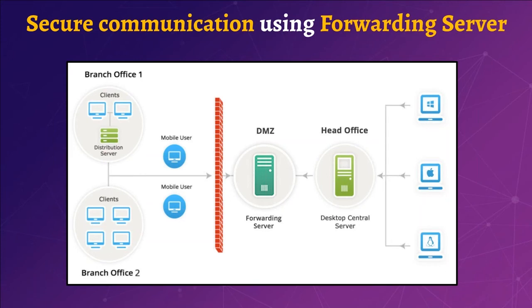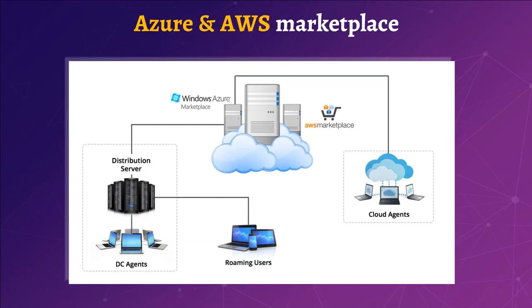Okay. You can also place your Desktop Central server in AWS or Azure Marketplace. So there are advantages placing your server in cloud. For example, if you are a managed service provider, placing your server in cloud and managing multiple customers' environment will be an added advantage for you.